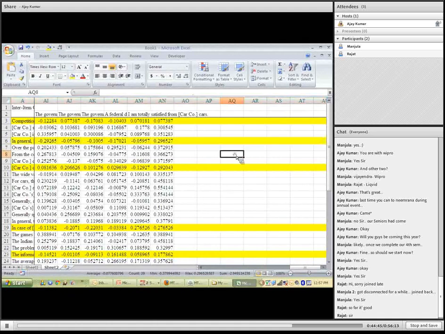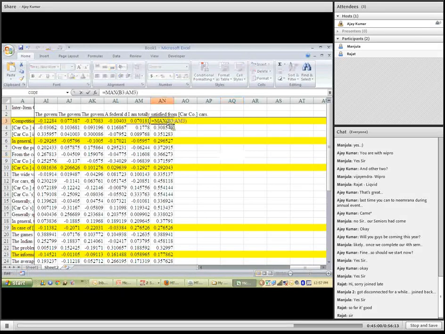Now what essentially I'm trying to do, let's get back to the domain sampling model. What it says is that if all the statements were trying to measure one thing only, then they should be highly correlated with each other. Now don't forget that this formula, MAX, talks about the maximum correlation that this statement has with any of these.